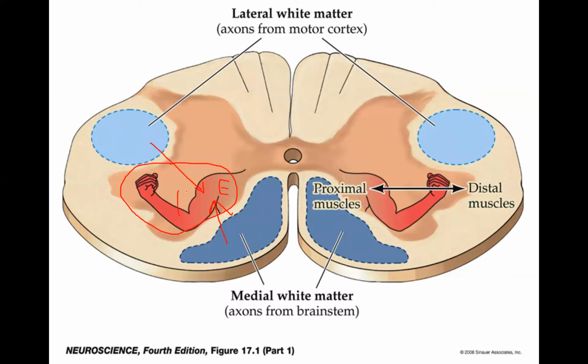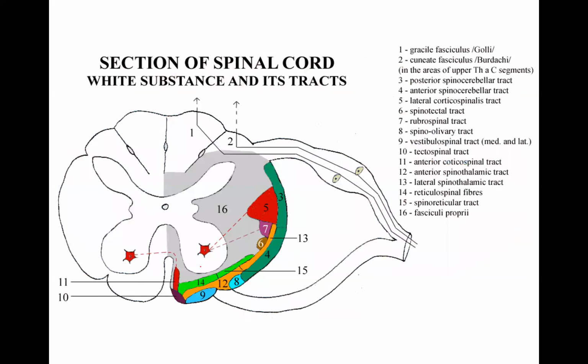Laterally, you have neurons for hypaxial muscles. So this figure should show you the somatotopic arrangement, that medially are the muscles closer to the axis of the body, to the vertebral column, and the more laterally you go, the more distal muscles of the limbs are located. So the somatotopic organization, which is in the gray matter, will also be here in the white matter, as I'm going to show you now.